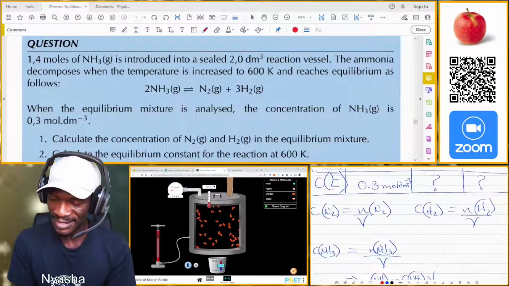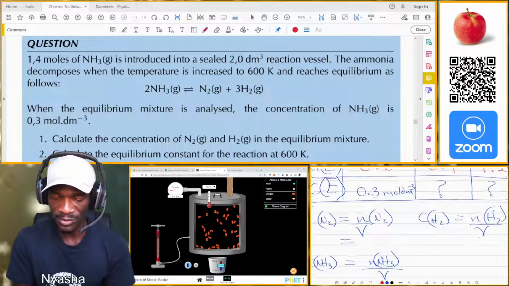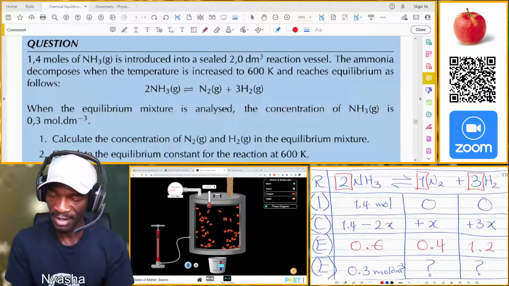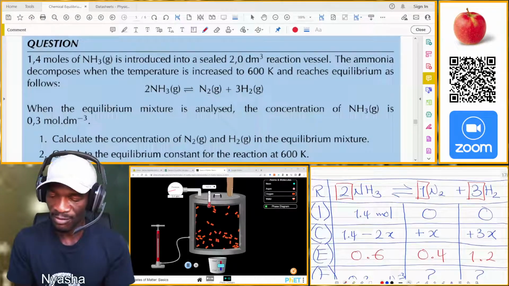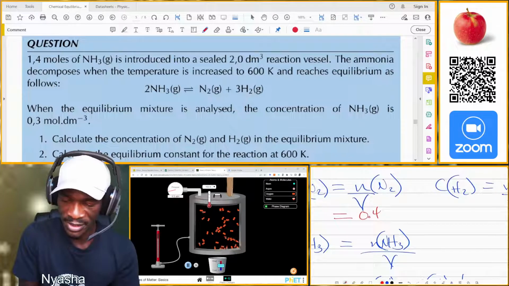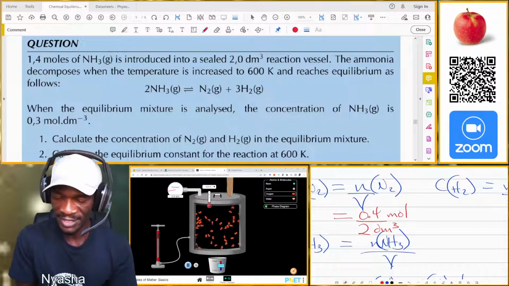So let's put in the numbers. So here it's equal to the number of moles of nitrogen. What is the number of moles of nitrogen? Our number of moles of nitrogen is actually 0.4 moles. So that would be 0.4 moles divided by 2 dm cubed. What does that give you?